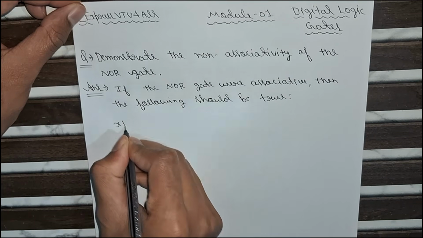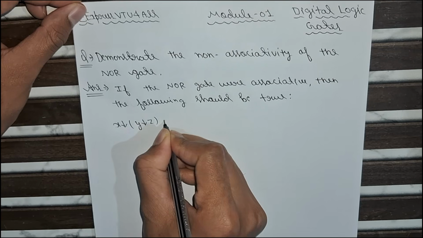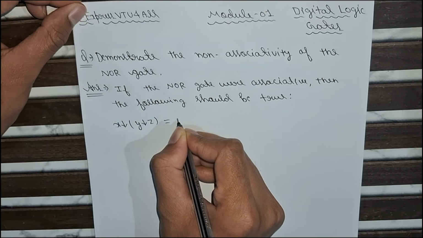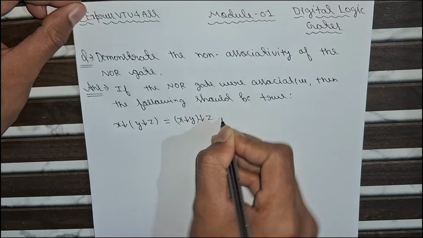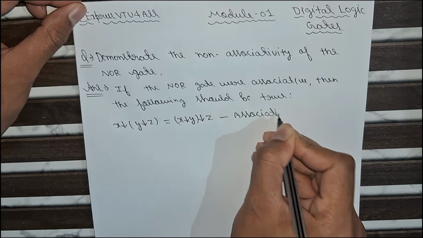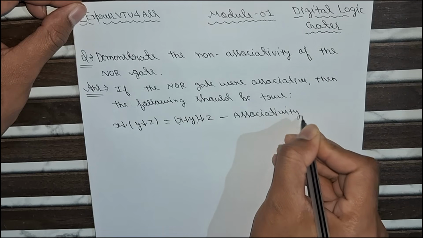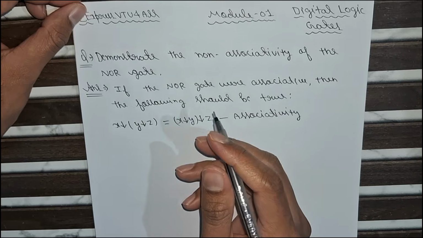Like (x NOR y) NOR z should be equal to x NOR (y NOR z). This is the condition for the associativity. If this is fulfilled, then only we can call this NOR gate following the associativity property.